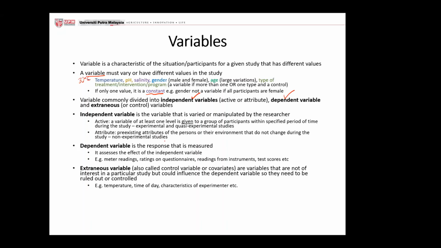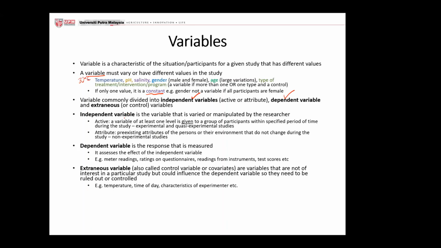The easiest example is in the lab. Perhaps your sample is the fish from the lake behind our department. That is your sample, and your independent variable could be the temperature.